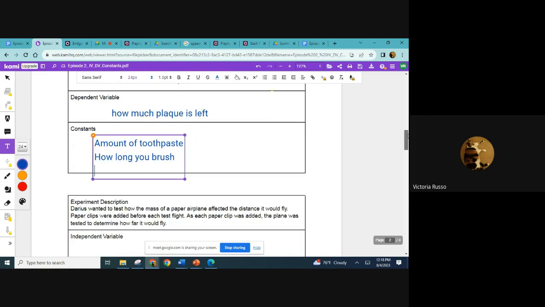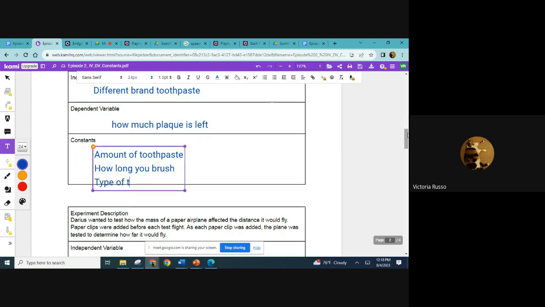The type of toothbrush, how you brush. So do you go up and down or side to side? Again, you could name constants forever. Usually you want to give at least 3.